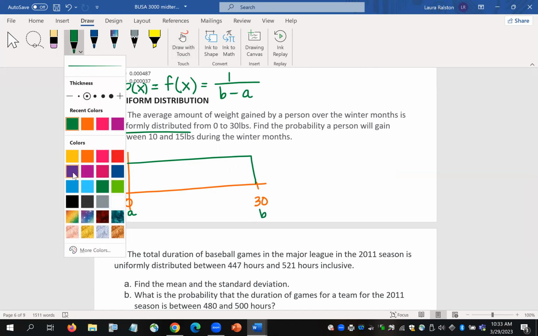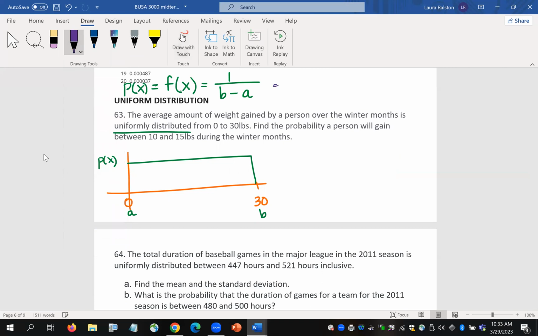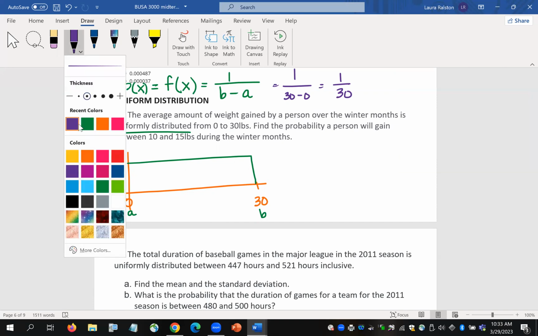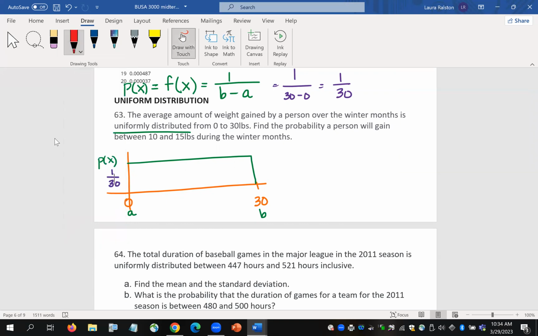So for this problem, I would have 1 over 30 minus 0, which is 1/30. So my p-value is 1/30. It asks me what is the probability that a person gains between 10 and 15 pounds during the winter months.